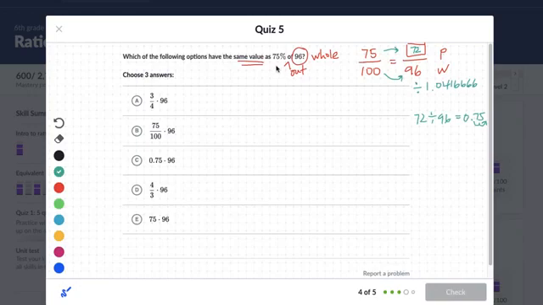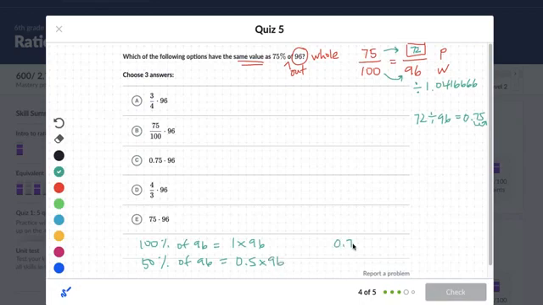The other thing you can think about is what we mentioned on the very first problem. Think about if it were 100% of 96. That would be 1 times 96. If it were 50% of 96, it would be 0.5, half times 96.